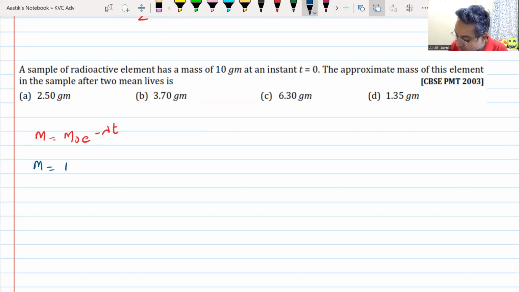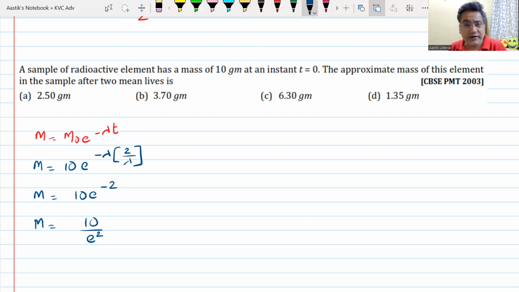M will be equal to m naught, which is 10, e to the power minus lambda t. T is given as 2 mean lives. 2 mean lives means 2 by lambda. So m becomes 10 e to the power of minus 2, so m becomes 10 divided by e square.